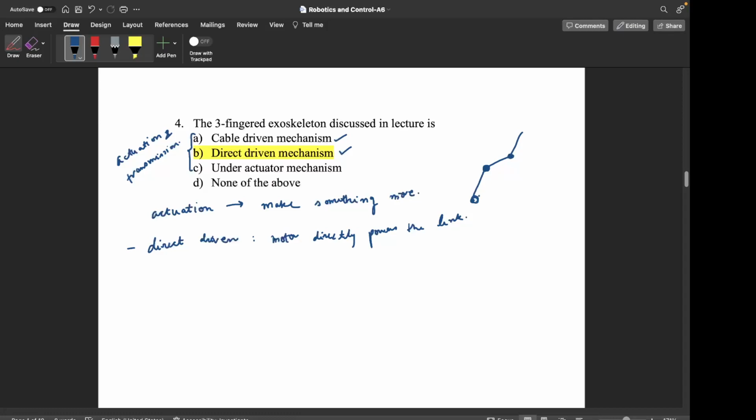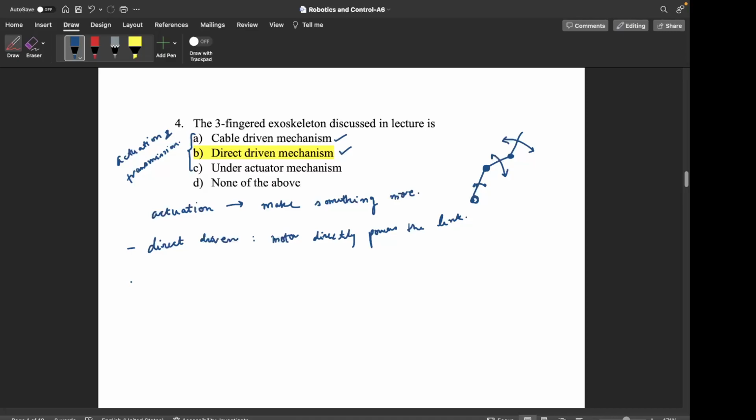So the first motor would control the first link, the second motor would control the second link, and the third motor would control the third link, right? And direct driven also means that there is no transmission, like a gear train, between the motor and the link. You are just connecting the output shaft of the motor to the link, and the motor directly powers the link. So it's called the direct driven mechanism, right?